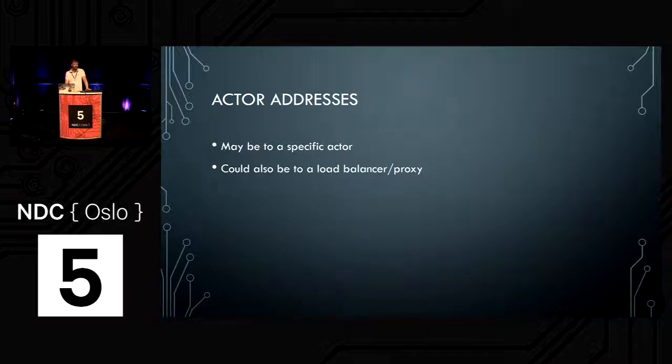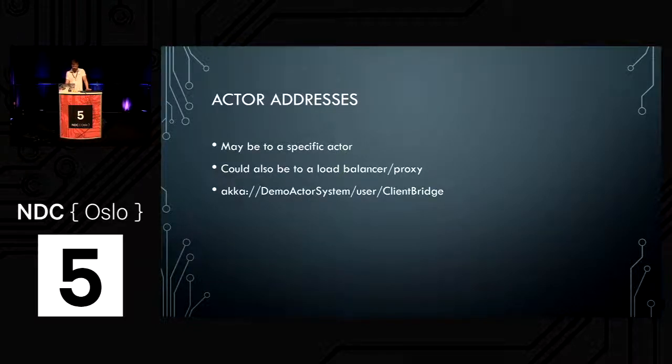So for example, if you're doing clustering and you say that you want to deploy 5 actors of such and such on a remote machine, then you would have one address to all of that, and then you could choose what kind of distribution you want. Do you want a round robin, or do you want to send your messages to the actors that have the shortest queues? There are many options that you can use there, but just be aware that the address might not always be to a specific actor.